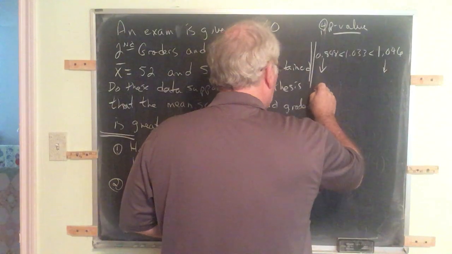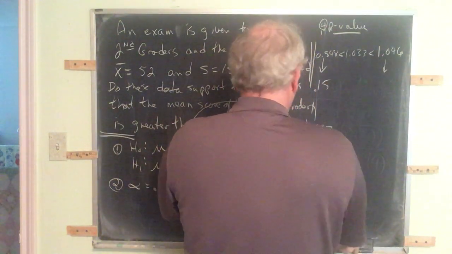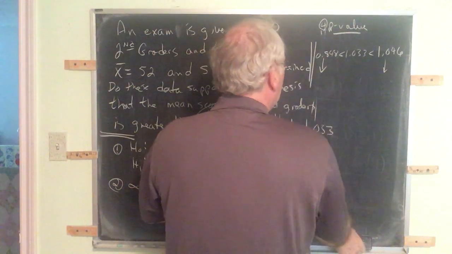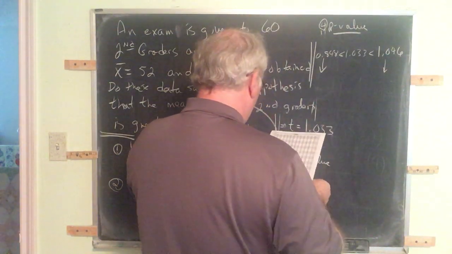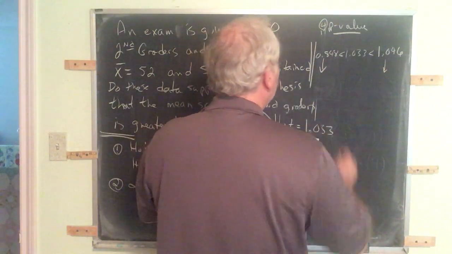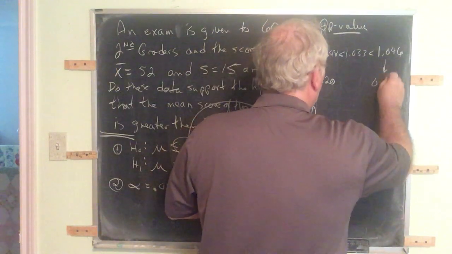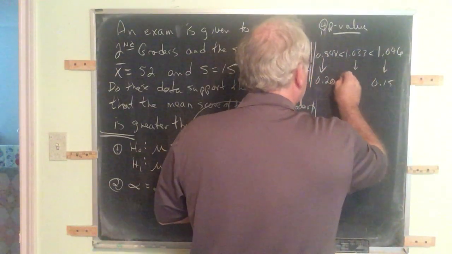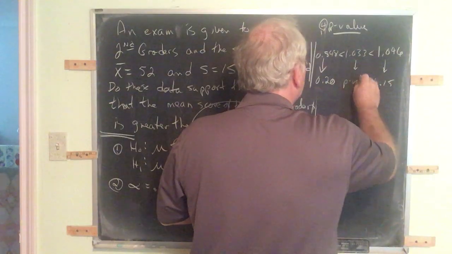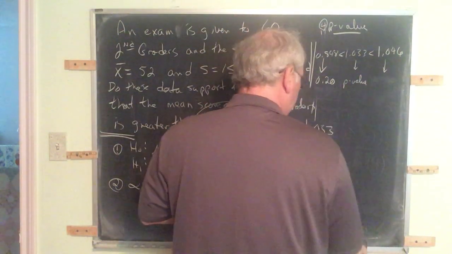So the 0.848 falls at 0.20 and 1.046 falls at 0.15, and this is the p-value we want. All right? This is the p-value we want.